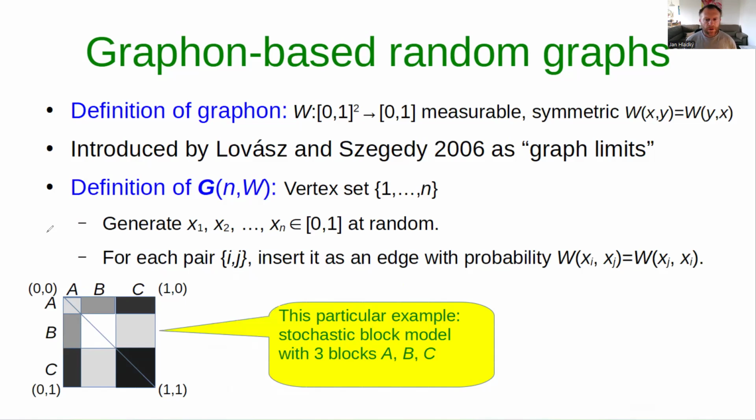As a rule of thumb, whenever you have a calculation for the homogeneous Erdős-Rényi case, so it can be a calculation regarding the chromatic number, the clique number, whatever you can think of, you can usually extend it to the stochastic block model with just a bit more effort.